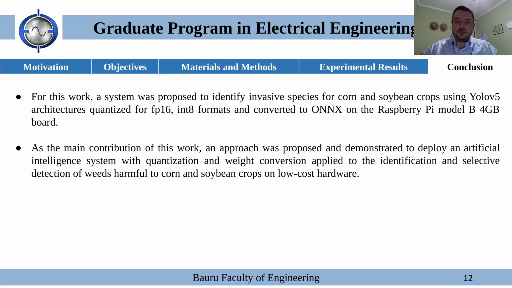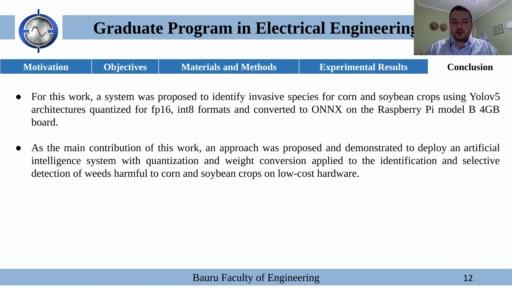And based on what was presented, a system was proposed in order to identify invasive species for corn and soybean using the YOLOv5 architecture. We performed several tests with different quantization and conversion methods, and all the tests were performed on the Raspberry Pi board.